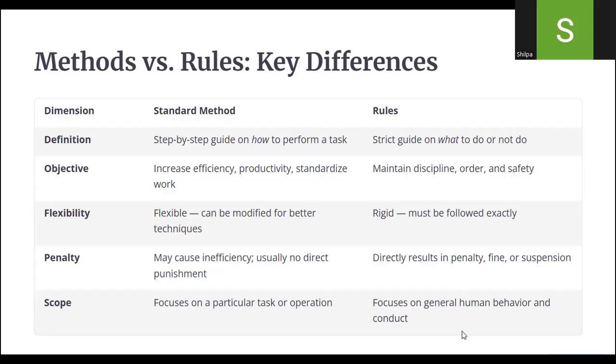So wearing identity card is going to affect the general behavior of a student. Okay, it is not related to any specific task, that only if you are giving an exam you have to wear the identity card, it is not like that. You have to wear an ID card whenever you enter your college campus. Therefore, the rules are focused on the general behavior and conduct. It is not oriented towards a specific task.